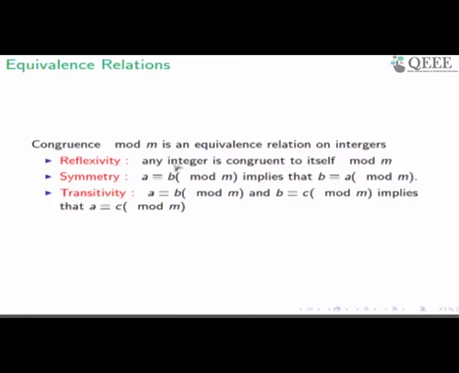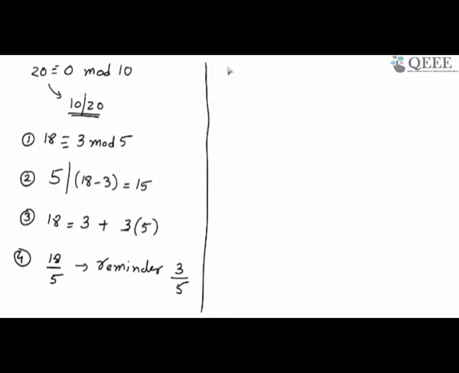So reflexivity means that if you take any integer A, it is congruent to itself modulo M. We say reflexive: you take any A, it is always congruent to A mod M. If we write it in some other way, we can say that M divides A minus A equal to 0, and this is because M divides 0.